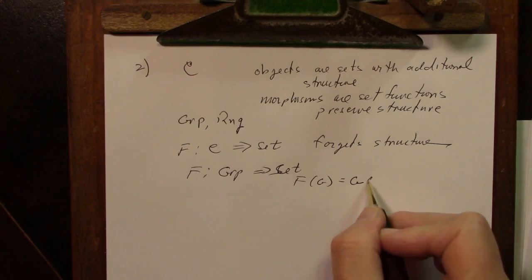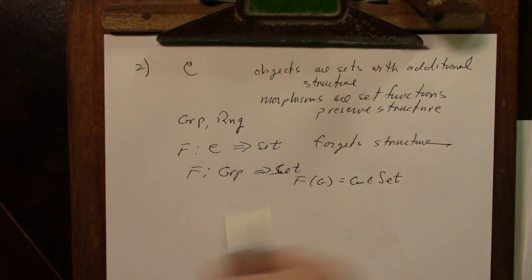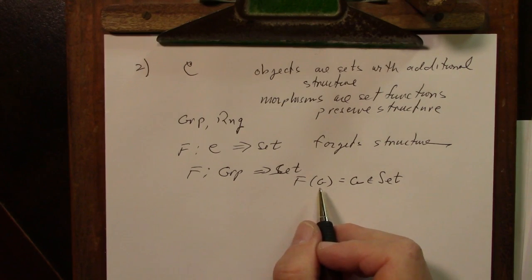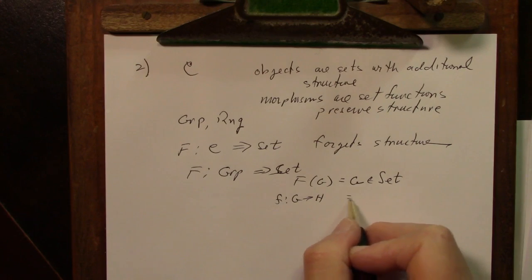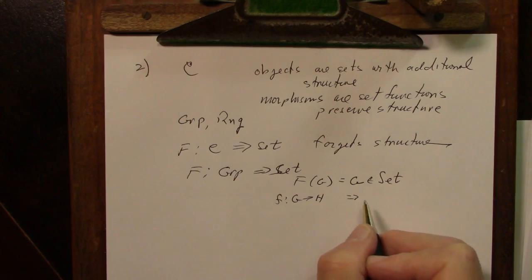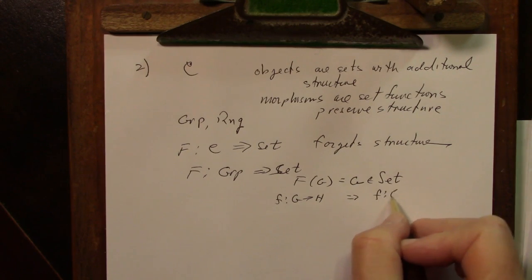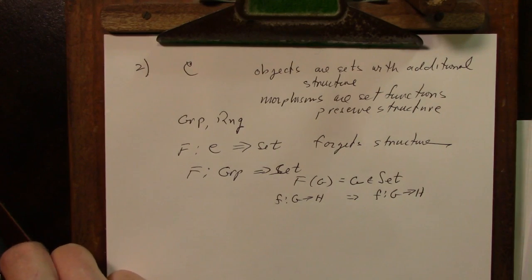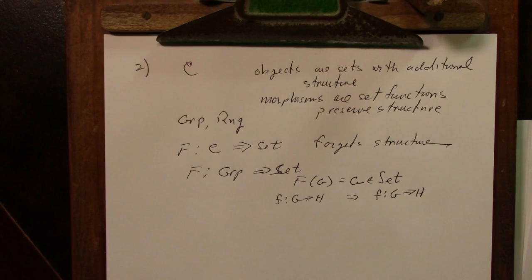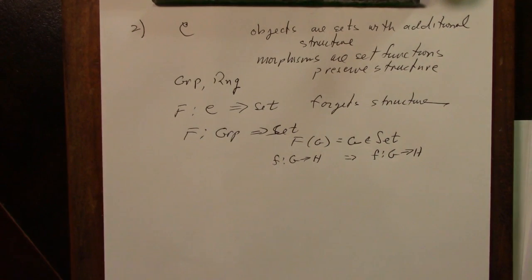So this belongs to Set. We forget the group structure. And a group homomorphism from G to H is sent over to the same function, but just thought of as a set function rather than a group homomorphism. So we forget the fact that f preserves the group structure.